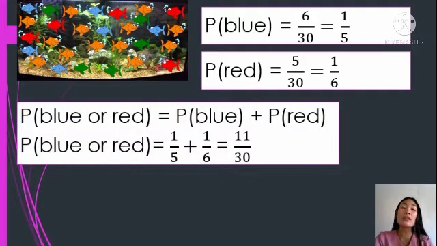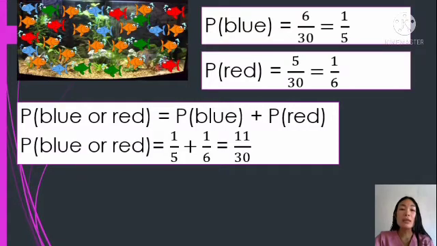So the third question is, what is the probability that Steven will reach in and scoop out a blue fish or a red fish on his first scoop? Using the formula in probability, probability of blue or red equals the probability of blue plus the probability of red.